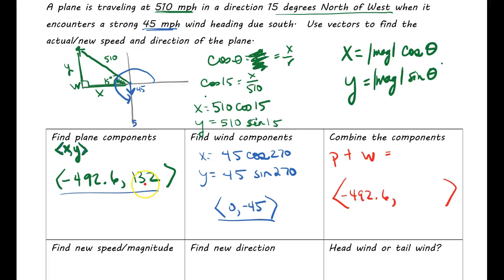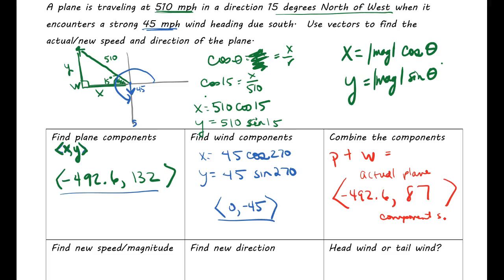And then we're going to add 132 and negative 45, and I am getting 87. Okay, so this is our new, actual plane components. So this is where it has been blown by the wind.